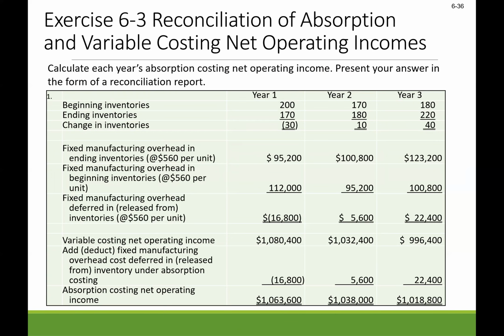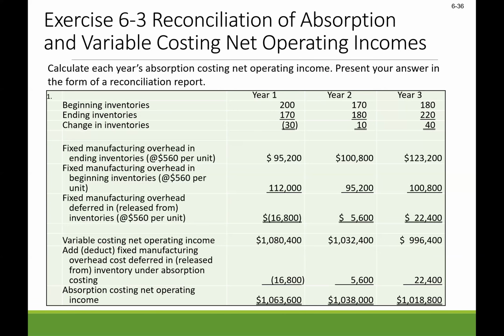Our fixed manufacturing overhead in ending inventory is sitting at $560 per unit. So we know our ending inventory, that's going into our balance sheet. Our fixed manufacturing overhead in beginning inventory, and then the difference.